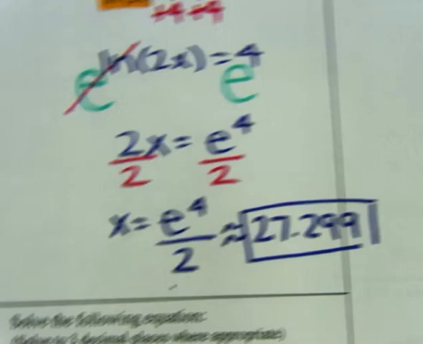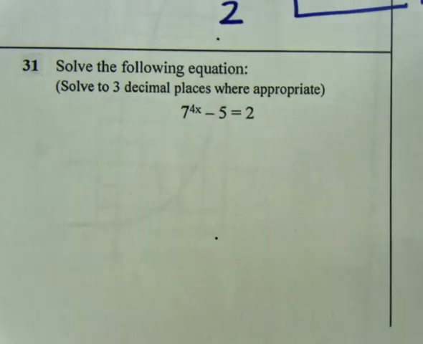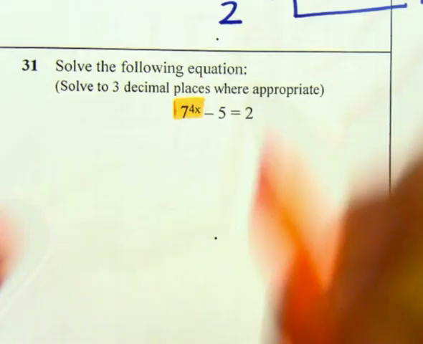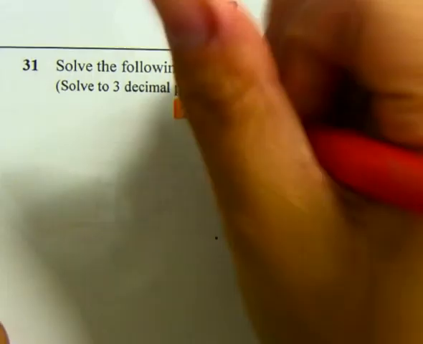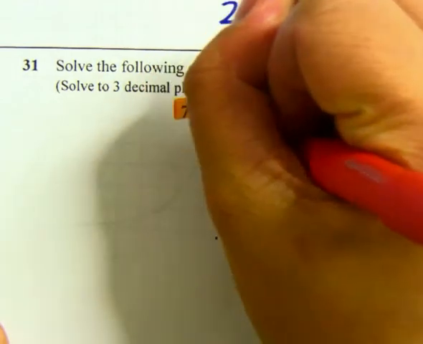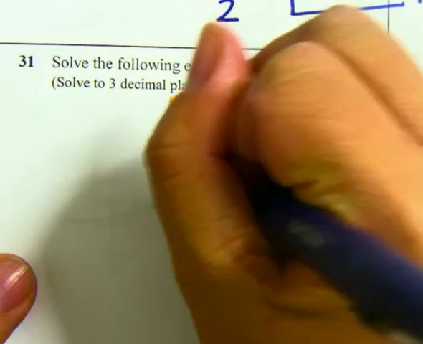Okay, and then the last one for the open response. Identify where your x is. x is right there, 7 to the 4x power. Isolate what you just highlighted, so add the 5 to both sides. So it says 7 to the 4x power is equal to 7.